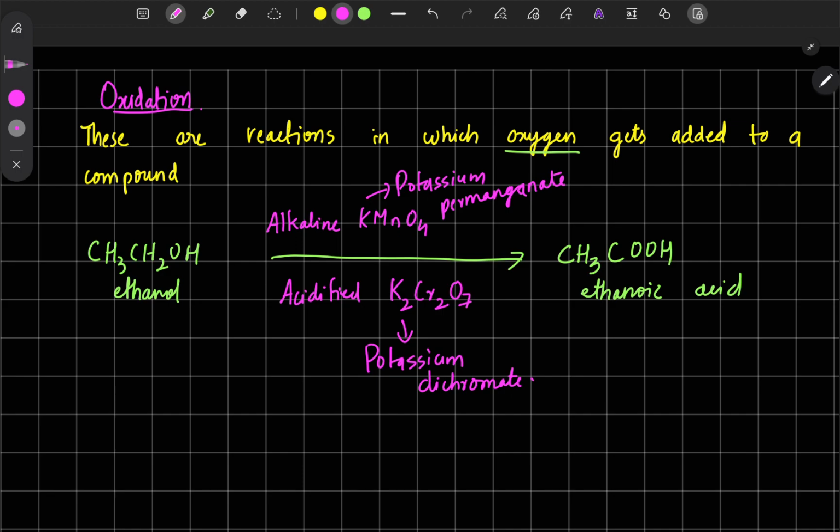KMnO4 will be a purple color solution, and K2Cr2O7 will be an orange color. That is the difference.